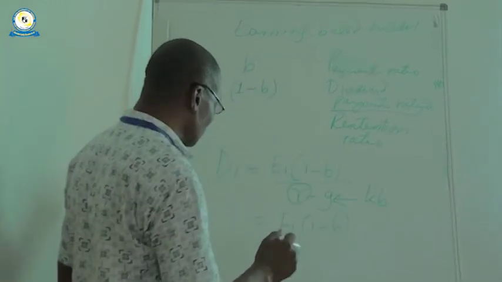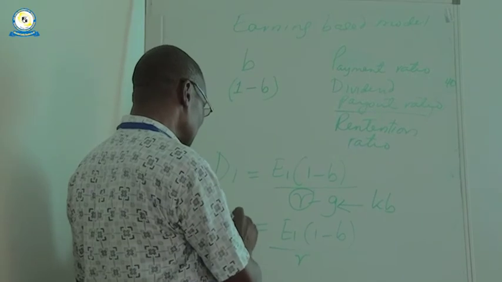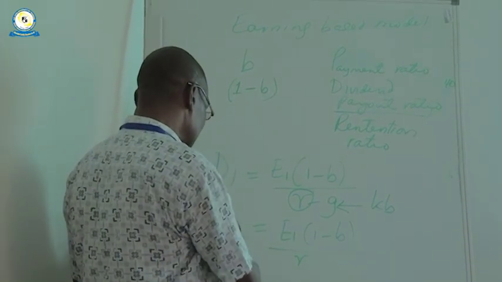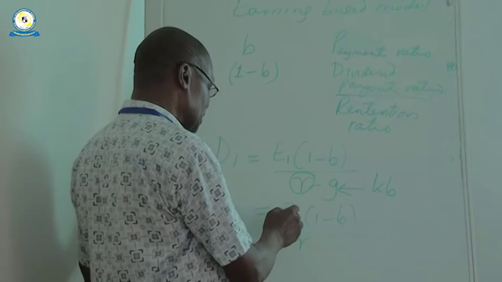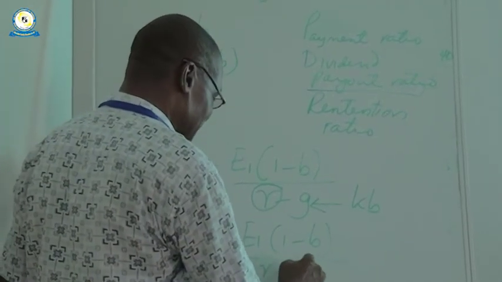So the general formula for the earnings-based model is P naught is equal to E1 times 1 minus B divided by R minus G.